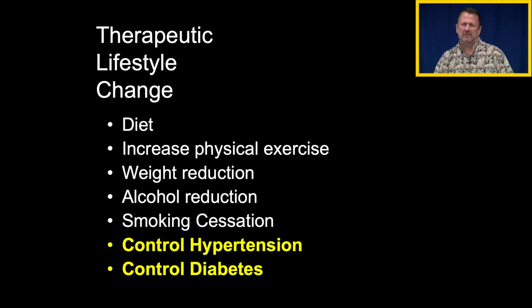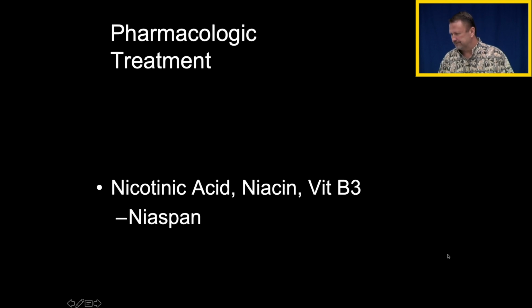You can do that, but less is great. Less is definitely a first step. But controlling high blood pressure, controlling diabetes mellitus is essential to controlling coronary artery disease. So again, it's so important to tell our patients that we really have to control their high blood pressure. We'll talk about diabetes mellitus when we get into endocrinology.